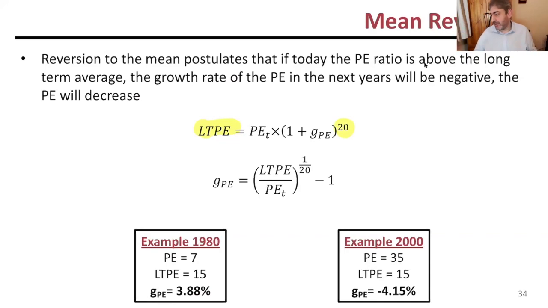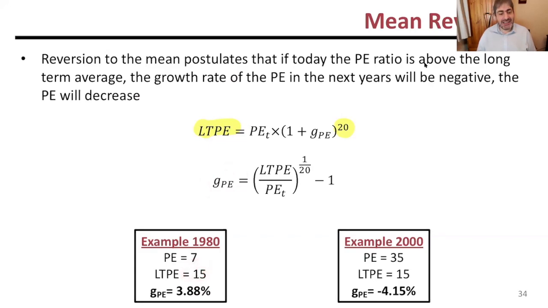And so the idea is: long-term price earning is equal to the price earning today times (1 plus growth of price earning) to the power of 20. You solve this and you get your mean reversion. Numerical example. Let's assume that the price earning today is 7 and the long-term price earning is 15.